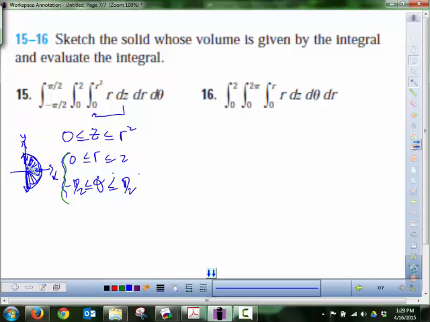So this is going to be the shadow of your solid, and then you're going to have your paraboloid.